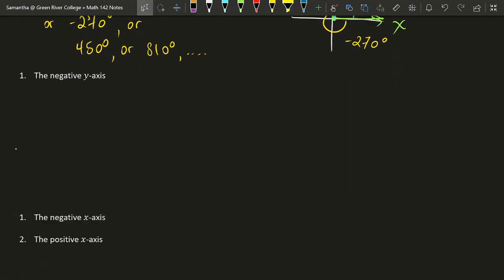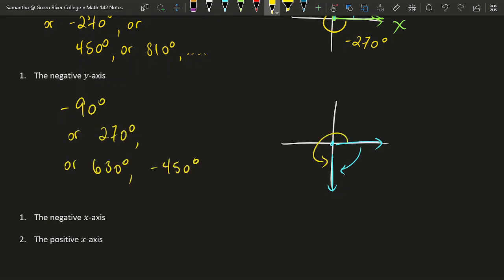The negative y-axis, for example, can be reached in a bunch of different ways. Starting from the positive x-axis, one way to reach negative y is to turn clockwise by 90 degrees. So in other words, an angle of negative 90 degrees would correspond to negative y, and so on, anything that is separated from negative 90 by a full rotation.